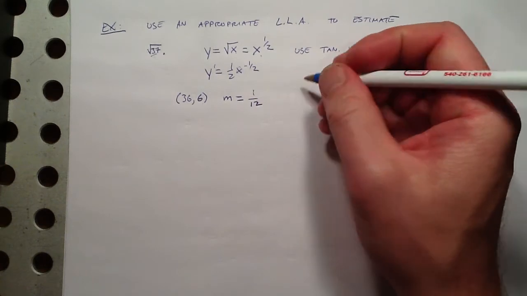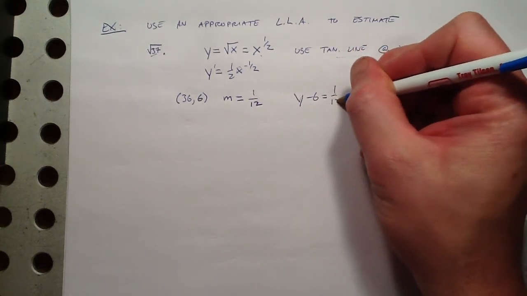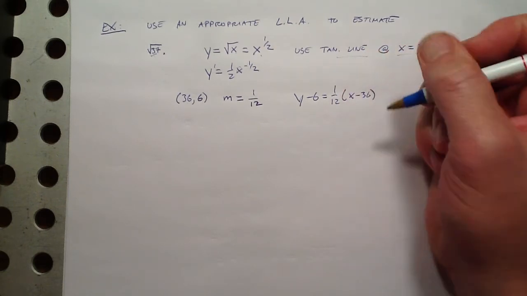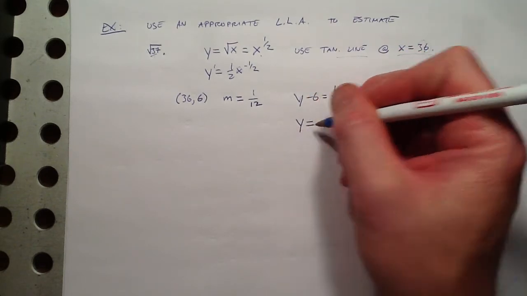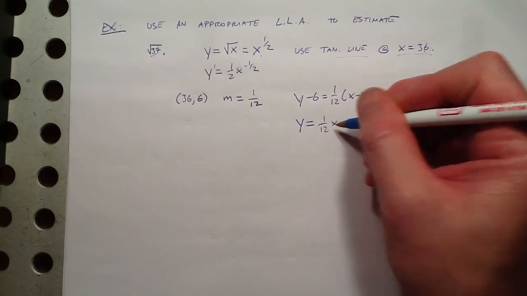Okay, so in point slope form, y minus 6 is equal to 1/12 times x minus 36. And let's go ahead and do that in slope-intercept form. That's 1/12 x.